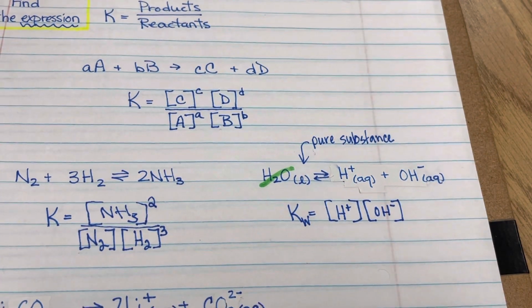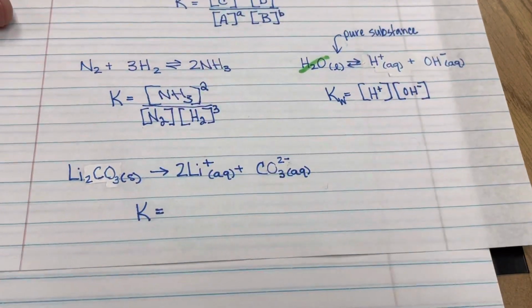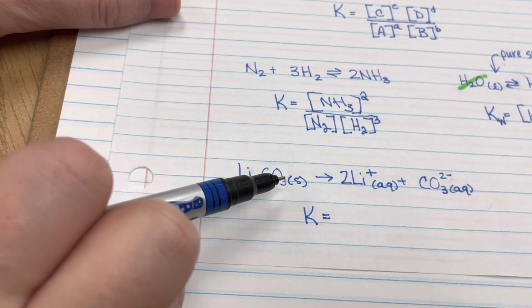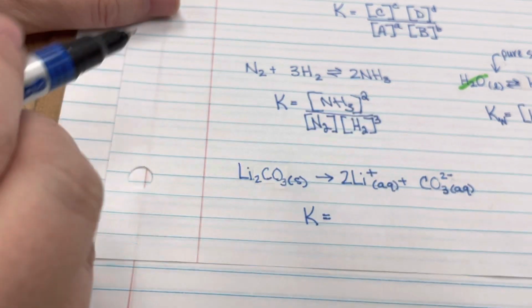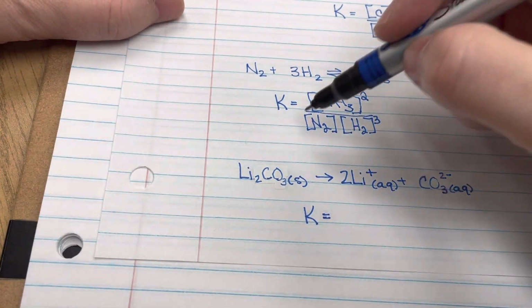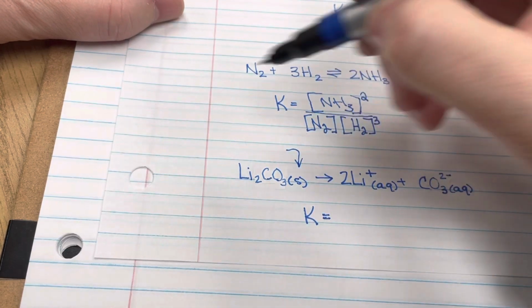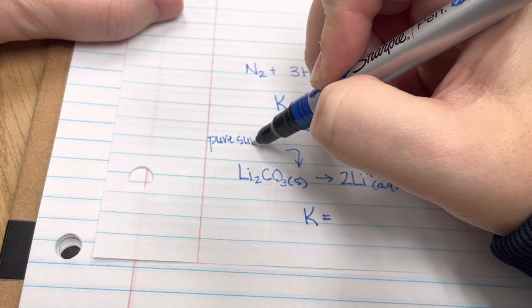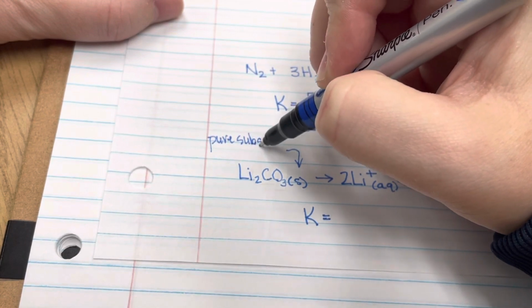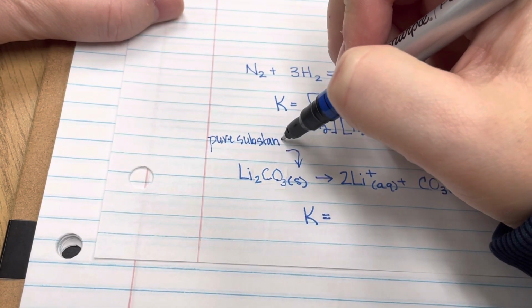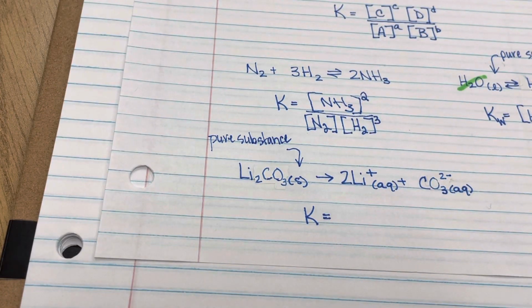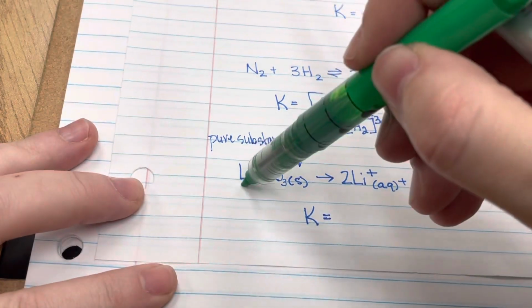Finally, I want to take a look at one last one of a salt being dissolved. Taking a look here, again, we have a solid this time. This is also a pure substance. With it being a pure substance, just like before, we are going to ignore it and not use it.